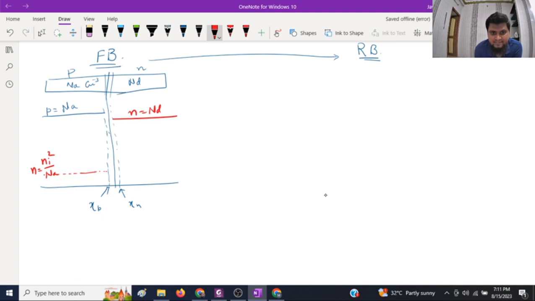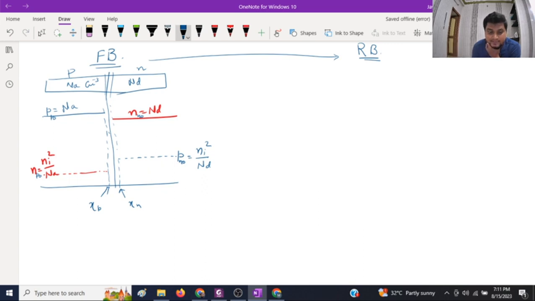Okay, and the minority carriers in the N side, that is P, will be equal to Ni square divided by Nd. Generally, we use subscript P for P side and N for N side. Okay, and we use subscript 0 for thermal equilibrium. This is the standard notation.